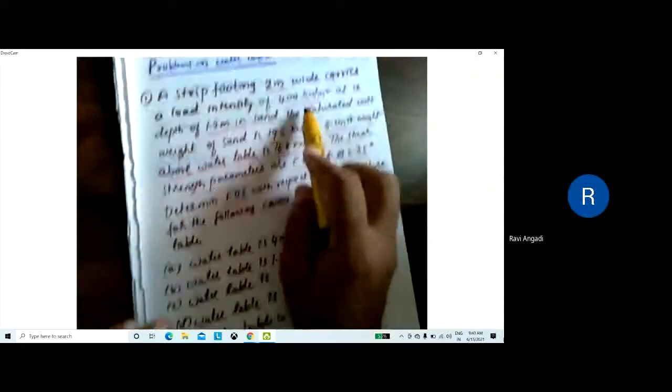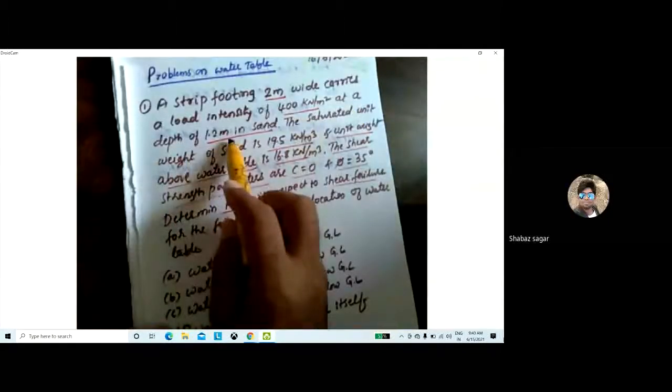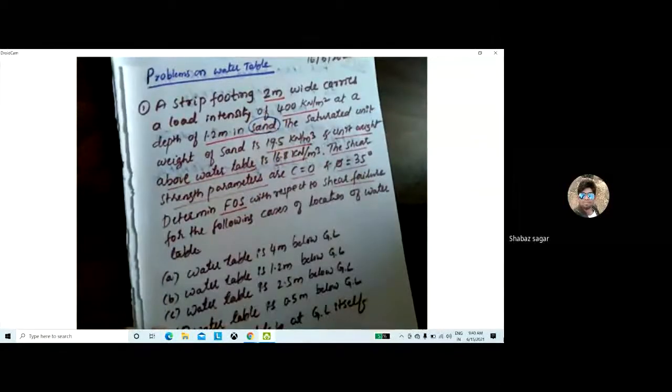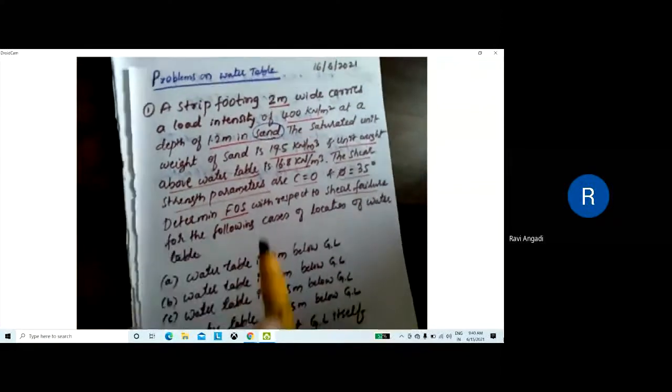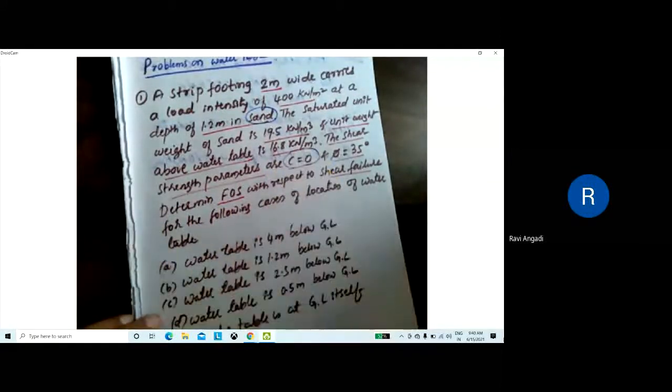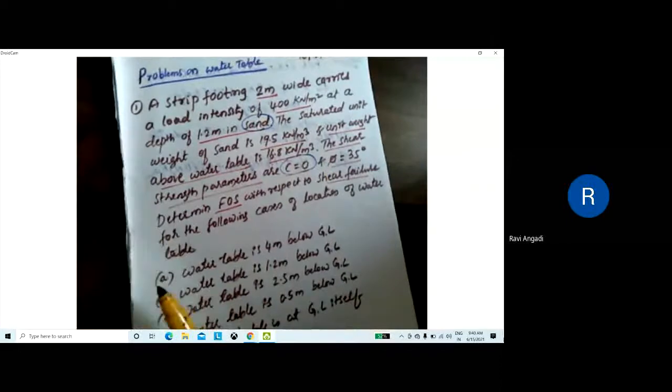It's a cohesionless soil. It means sand is given. Yes, sand is cohesionless, and the strength parameter c is equal to 0. If not given, you have to take 0 only because it's cohesionless.